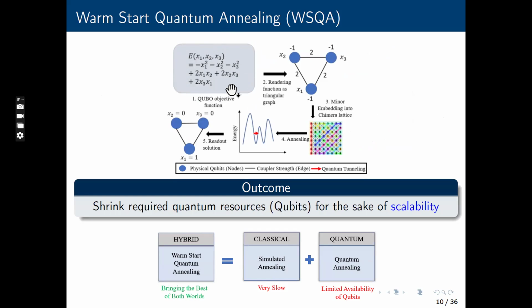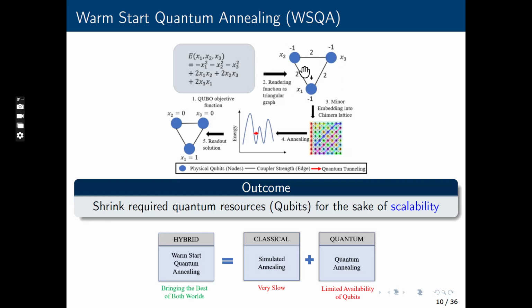Now what we have to do is render it as a triangular graph where each node of this graph represents a qubit of the quantum computer. Okay. And the edges between them basically represent the coupler strength of those qubits, how strongly correlated they are, and the bias of these nodes or qubits and the edge weights are basically set as per the quadratic and linear coefficients of the objective function that we have at hand to solve.